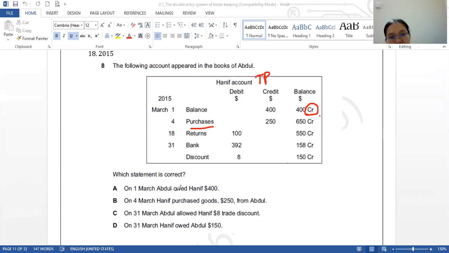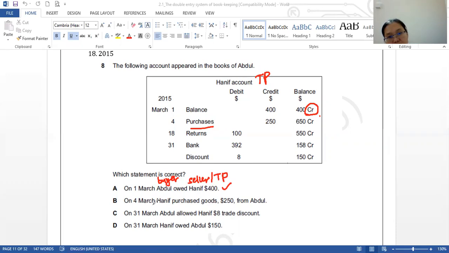On 1st March, Abdul owed Hanif 400. This one is a buyer and this one is a seller, so the seller will be trade payable. This one is correct because Abdul is owing 400.